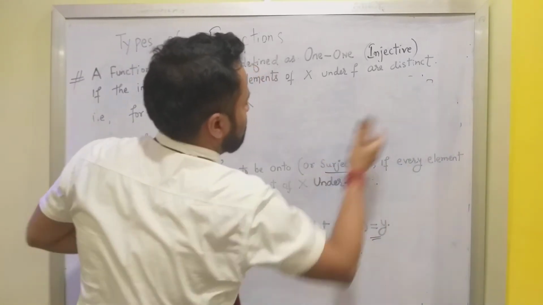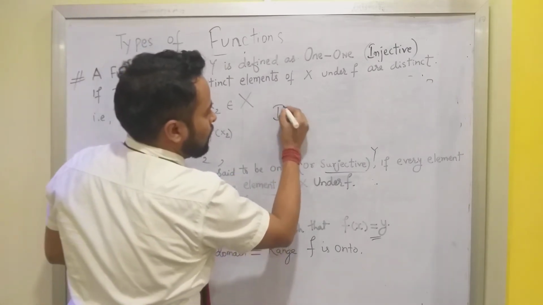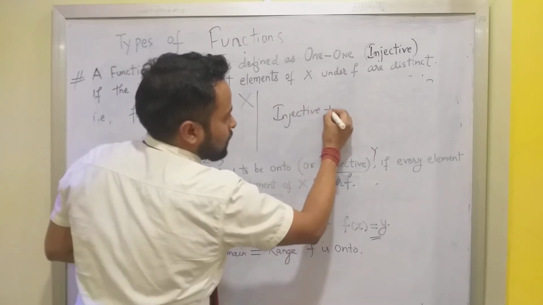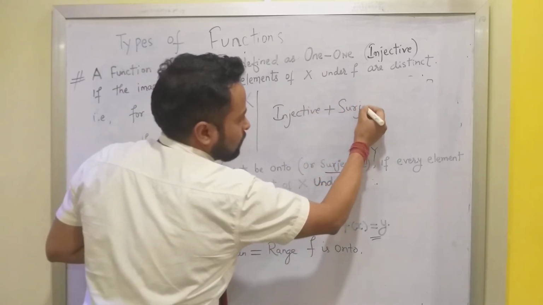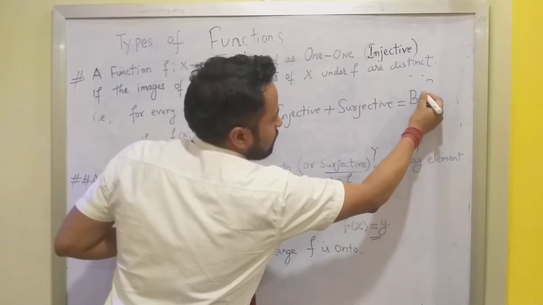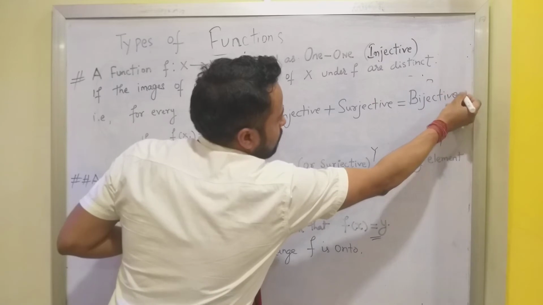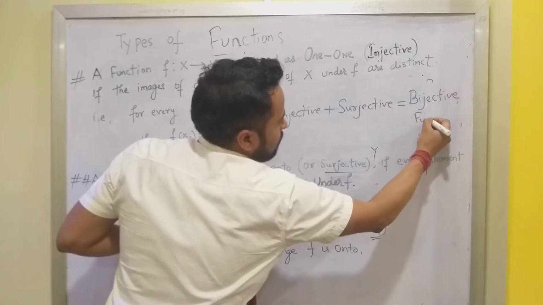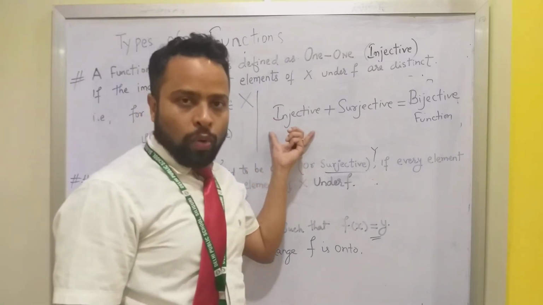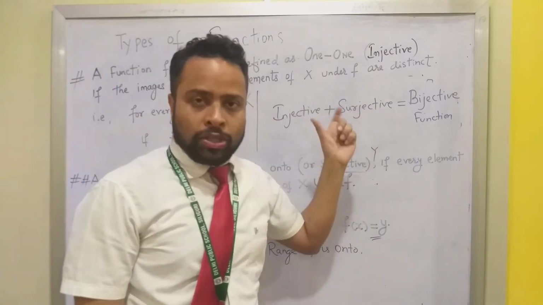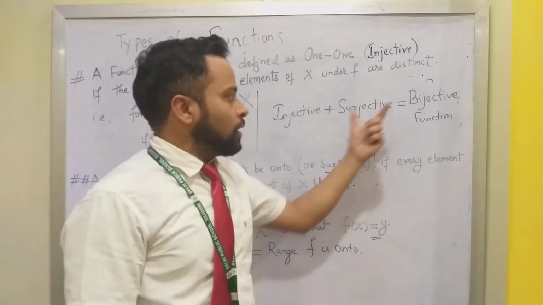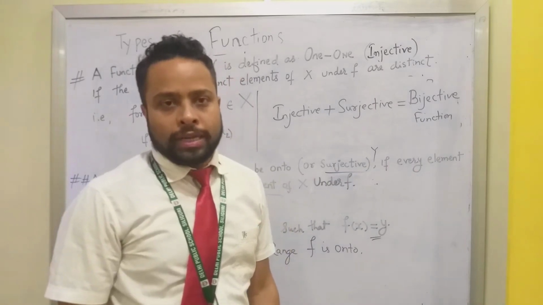Injective plus surjective equals bijective. So an injective function, that is a 1, 1 function, plus a surjective function, that is an onto function, in a particular one, we call the function a bijective function.